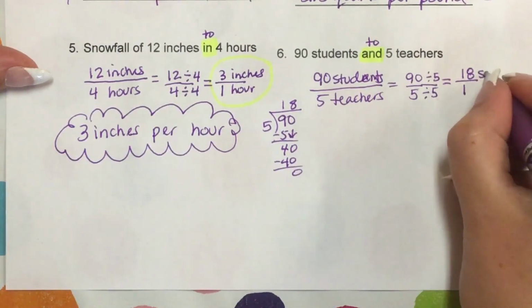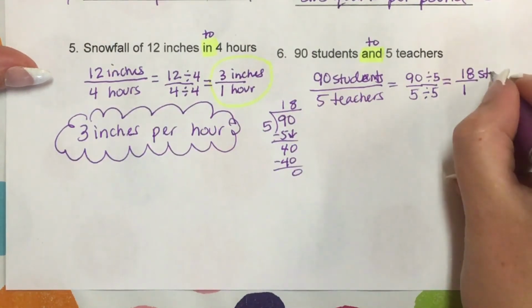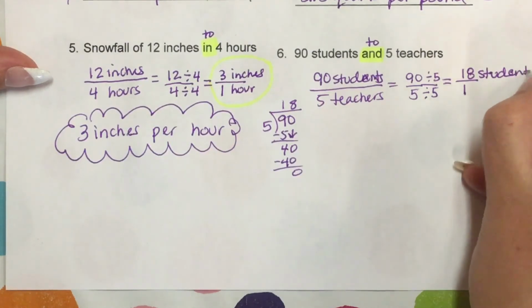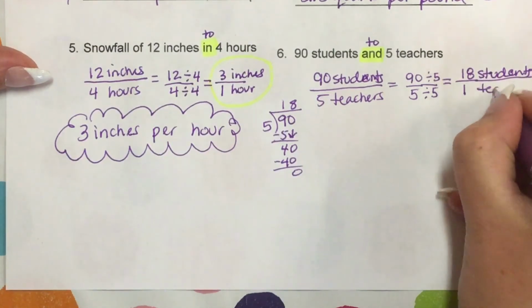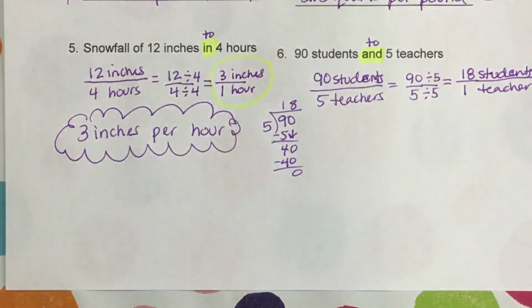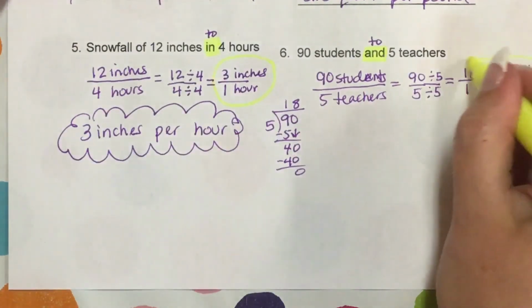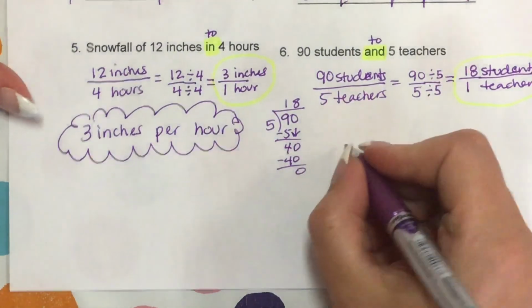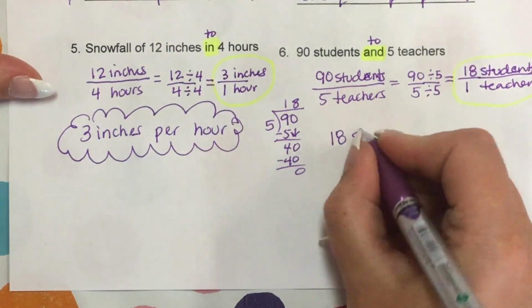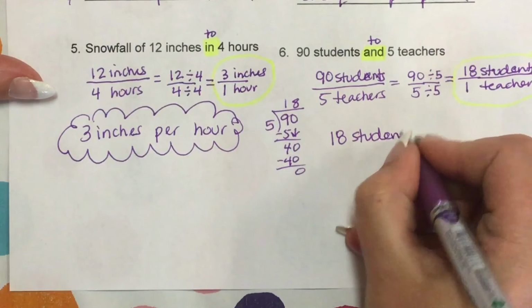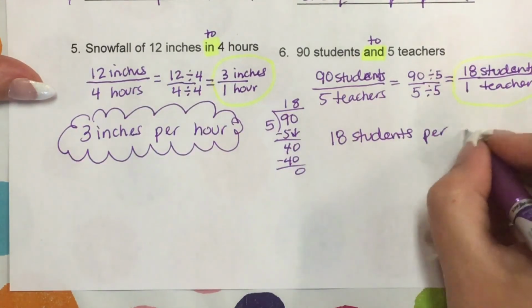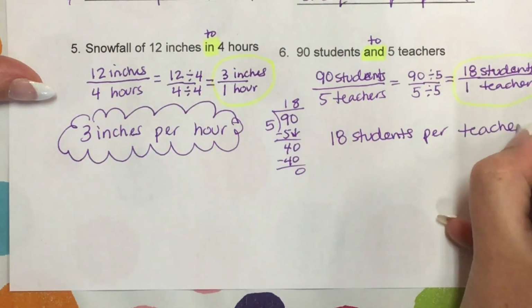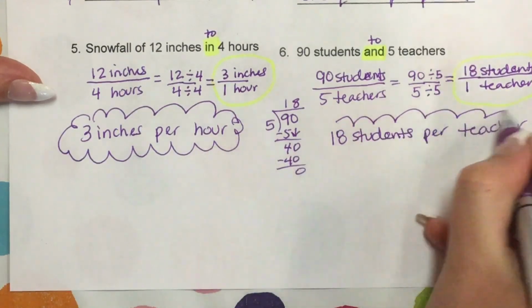So it's 18 students per one teacher. So that would be our unit rate right there. And then if we want to write it in word form, we would write 18 students per teacher. So if you got that one right, great job.